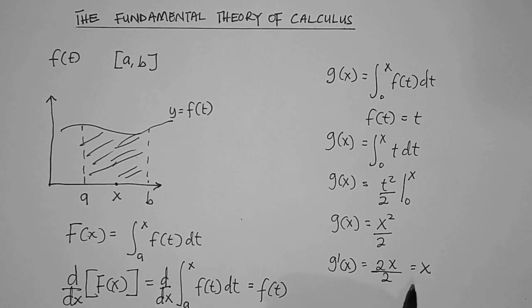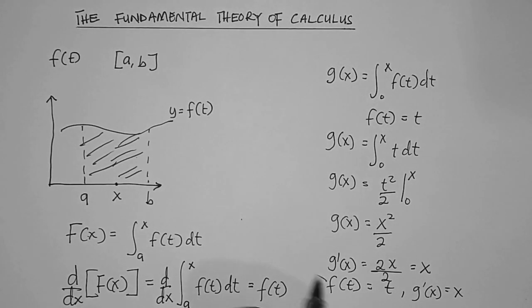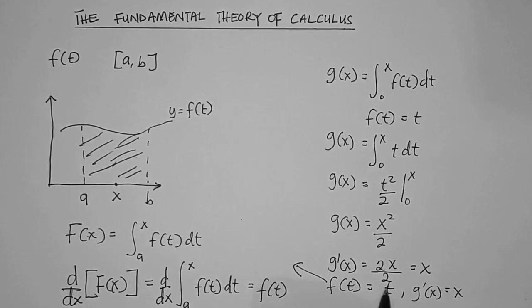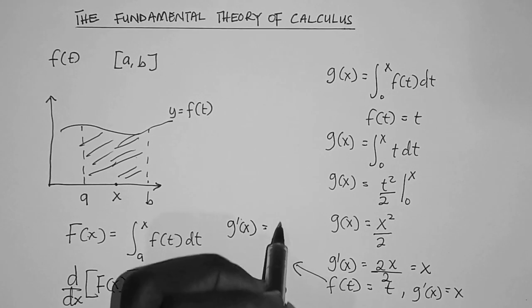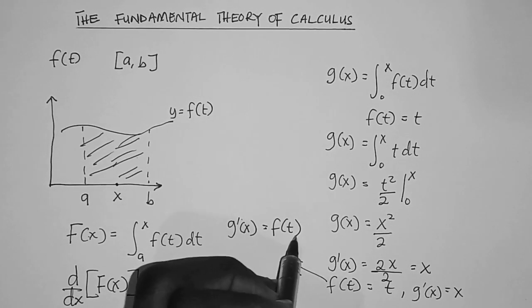Now, you can see some similarities here. f of t is equal to t, and then g prime of x is equal to x. So let me write it here. From here, we can see that it implies that g prime of x is equal to f of t.